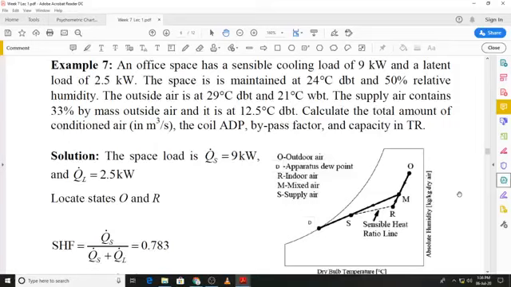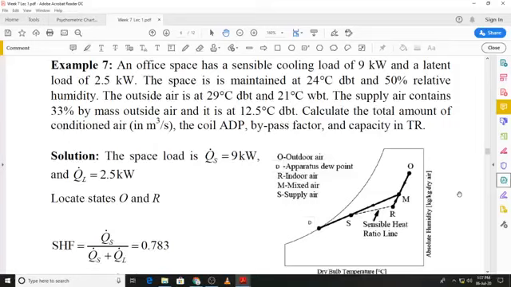The outside air state is given in terms of the dry bulb and wet bulb temperatures, and there's some information about the amount of the outside or fresh air that is used with the recirculated air to provide the desired supply air flow rate to the conditioned space. And we are asked to find out the volume flow rate of the air that is supplied to the space, the coil apparatus dew point, bypass factor, and the capacity of the cooling coil in terms of refrigeration.